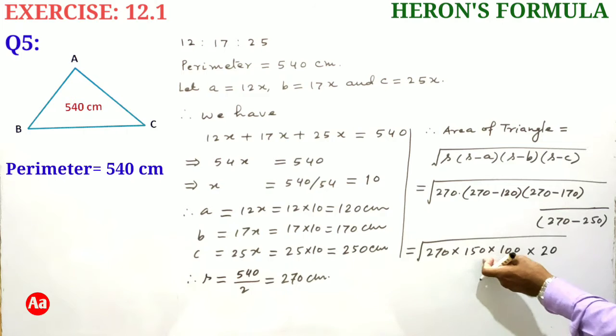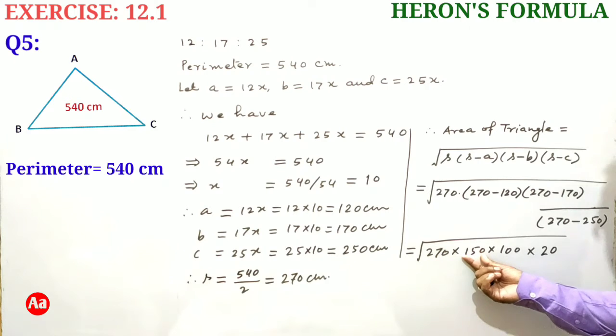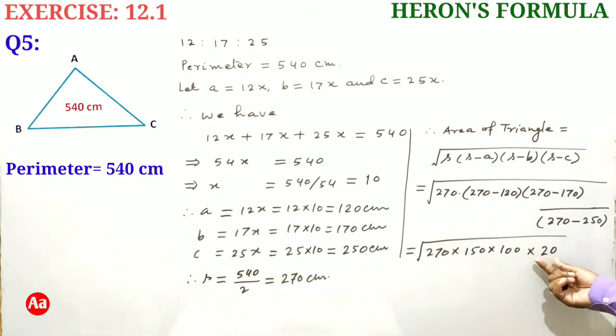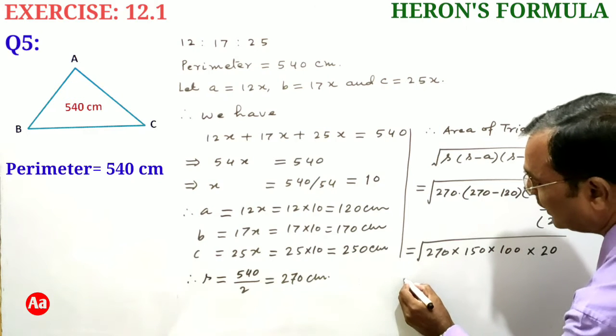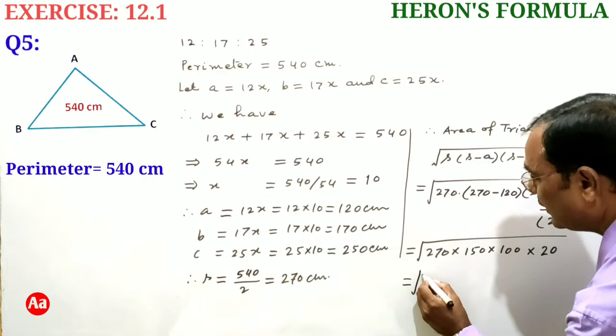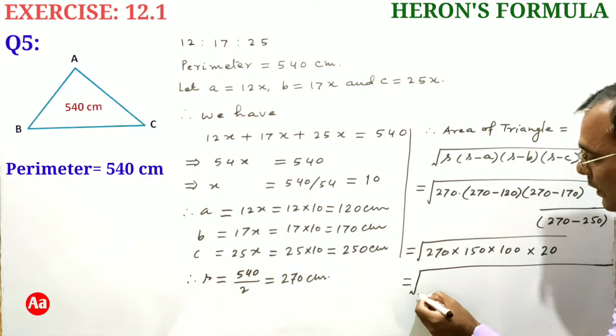See these numbers in a square root. 270 multiple of 10, 150 also multiple of 10, 100 also, 20 also. So let's write these numbers as multiple of 10, I mean factorizing as one of the factors for each of these numbers will be 10.